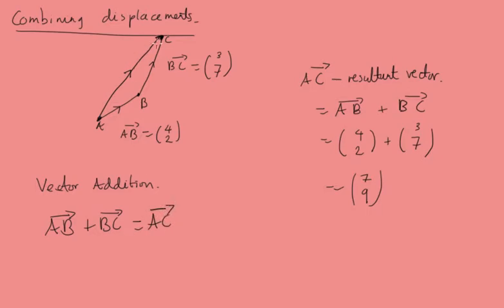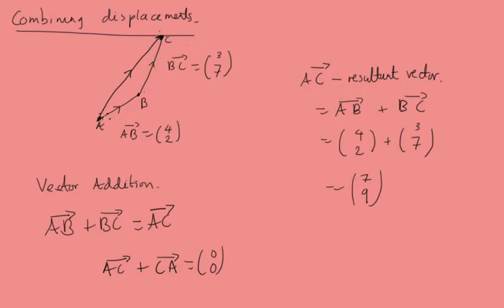Now, if you were to turn around and go back, CA, we'd be back at point A, and AC plus CA would equal (0, 0). Because if you've gone from A to B to C, that's the same as just going from A to C, and then you get your resultant vector.